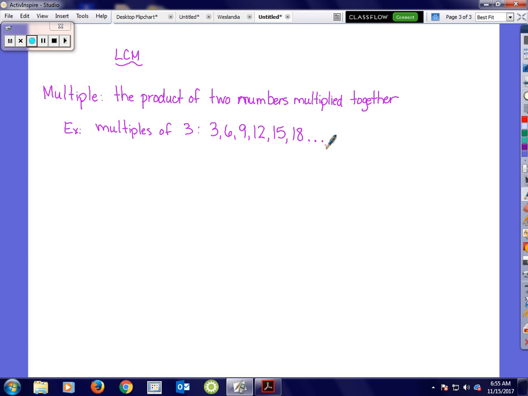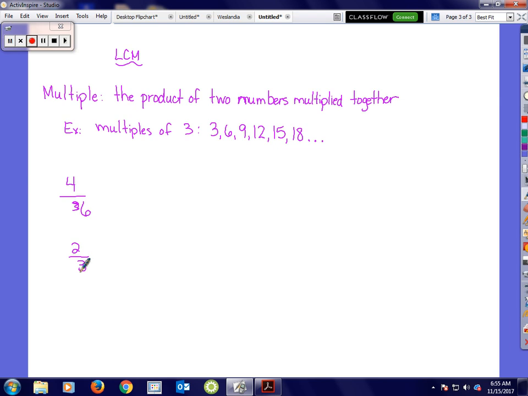Okay, and we're going to need to know that for finding common denominators. So if I have two numbers, this may be something new that you're learning. Let's take 4/6 and 2/3.